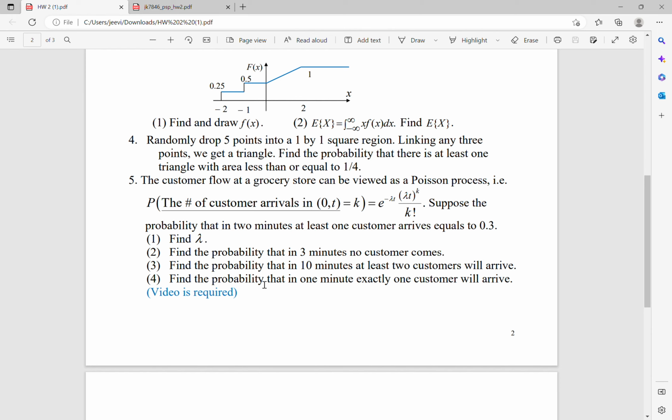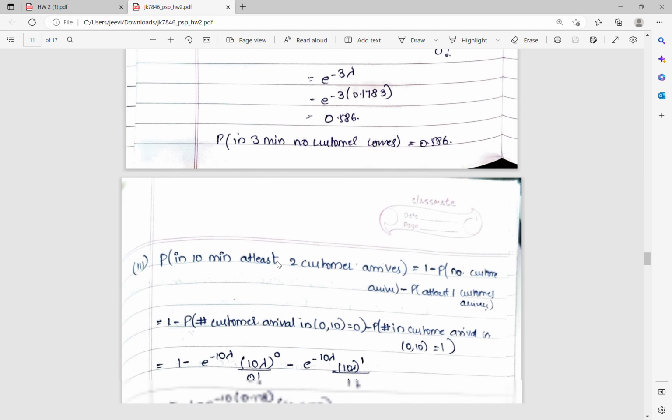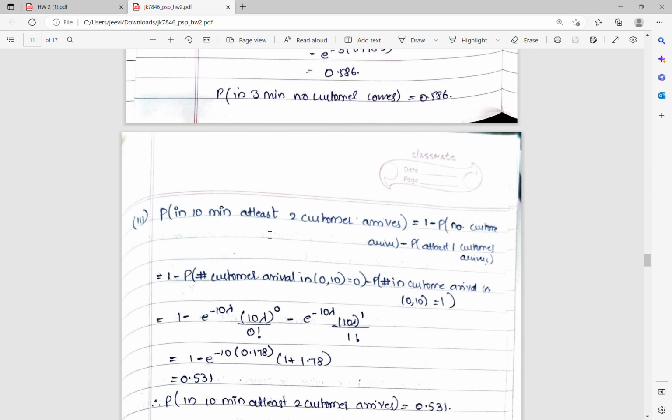Now find the probability that in 10 minutes at least 2 customers will arrive. Therefore, the probability that in 10 minutes at least 2 customers will arrive is equal to 1 minus P(no customer arrives) minus P(exactly one customer arrives). We use the Poisson formula here: customer arrivals in (0, 10] equal to 0, minus customer arrivals in (0, 10] equal to 1.